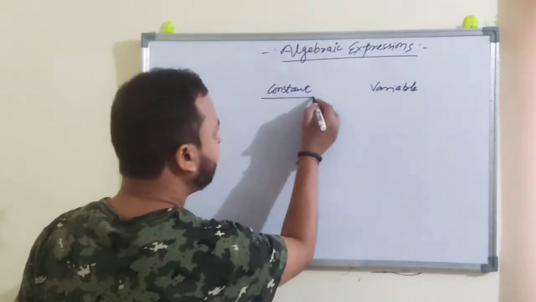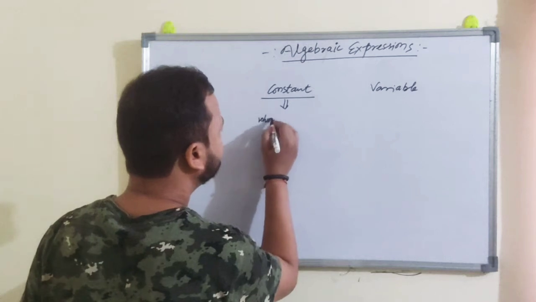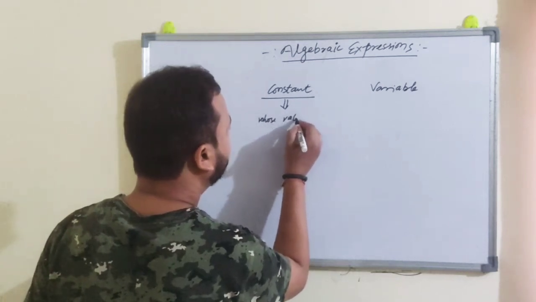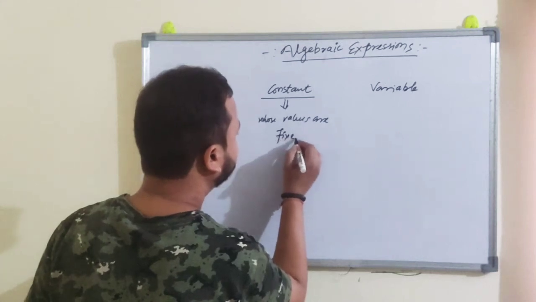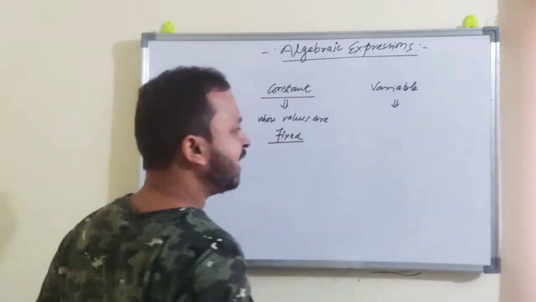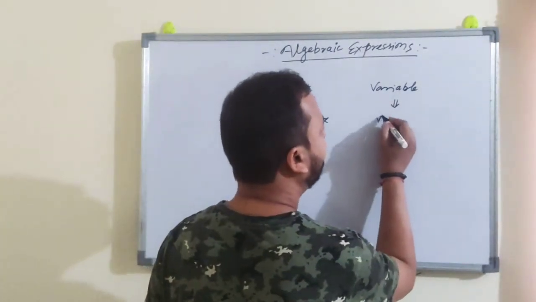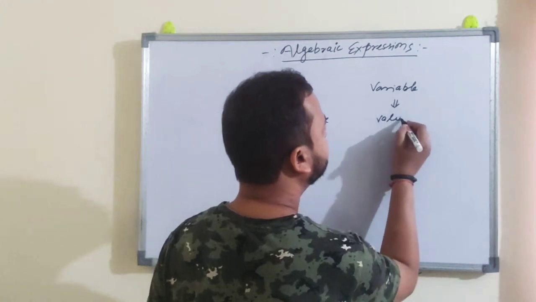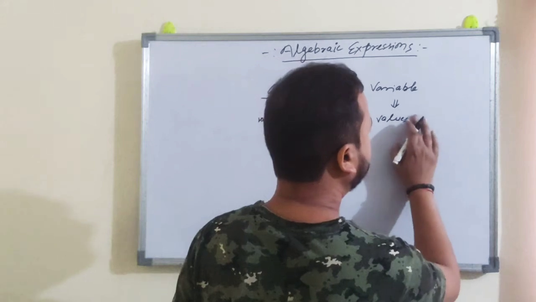So constant means whose values are fixed. Right? And the variables are whose values are not fixed, means values can vary.